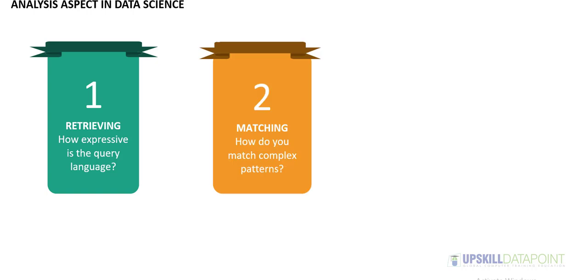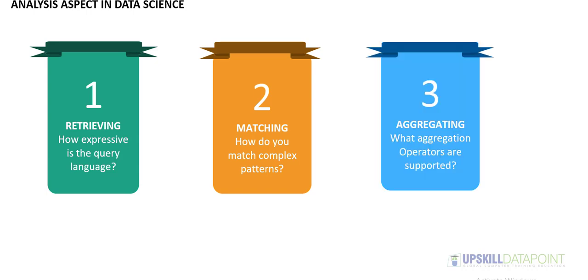Another question is matching. This correlates to how you can match a complex pattern across structures such as documents, arrays, and lists. And finally, there is aggregating. Now, this is a very common operation, and one of the things we have to understand is what are the aggregation operators? Are they supported in your query language?